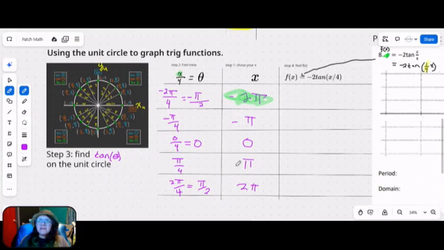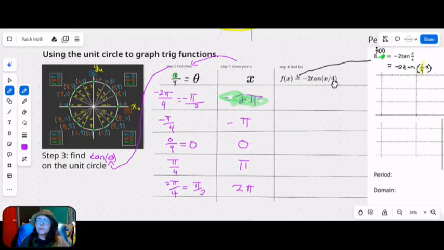Now that we have those, it is important to note that these thetas then, all right, so we did step 1, step 2, and then we're going to take these thetas and plug them in here to find tangent of theta. It's super important. Now, we have an extra amount that we will need to put in here.